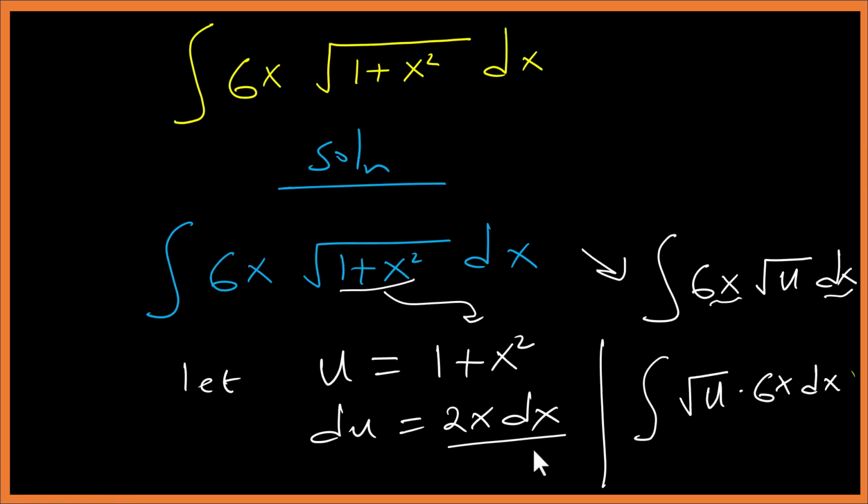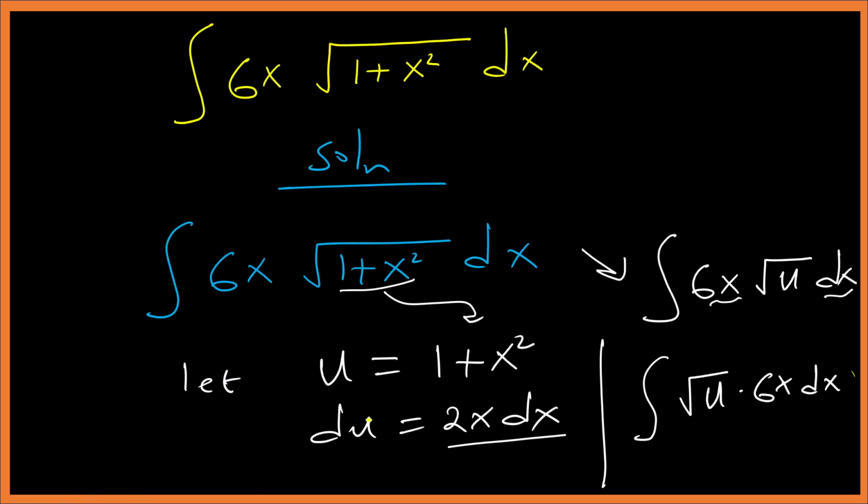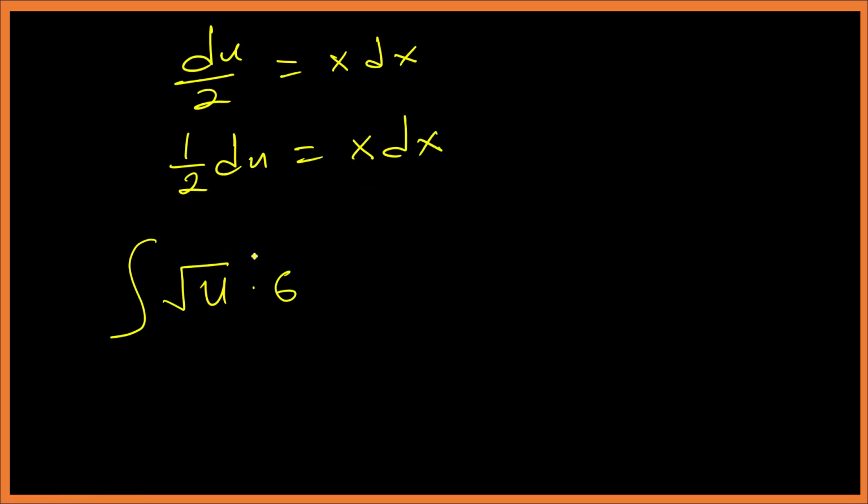So we can do the substitution: we have the integral of square root of u times 6, and x dx will now be half du, so times half du.